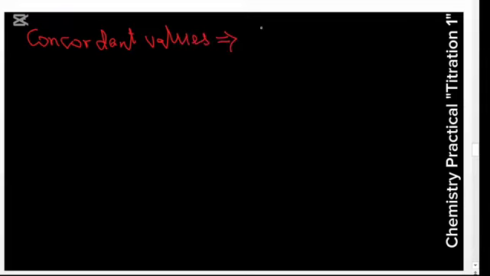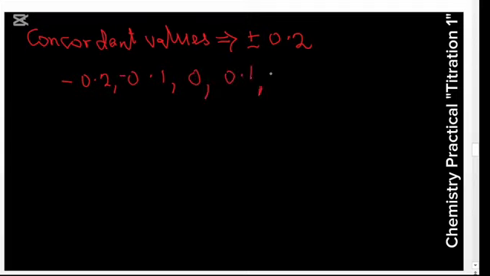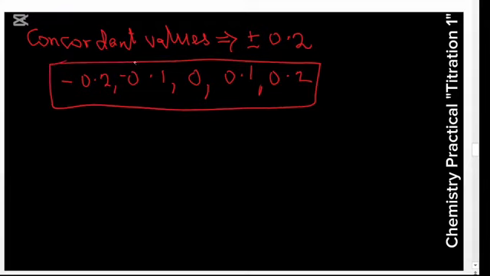So concordant values are between plus or minus 0.2. So meaning that they will not extend out of this range. So what we mean by that is that it's going to span from minus 0.2, minus 0.1, 0, 0.1, and 0.2. So these are the values that you can get when you do the difference of one value of A with the other.